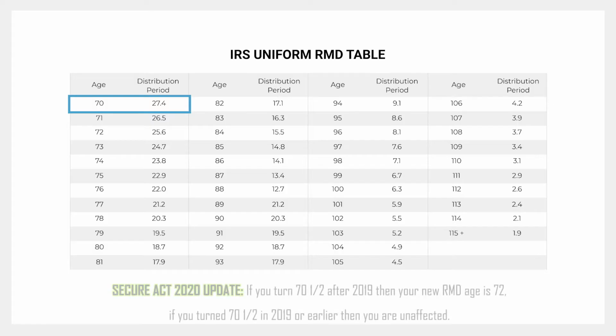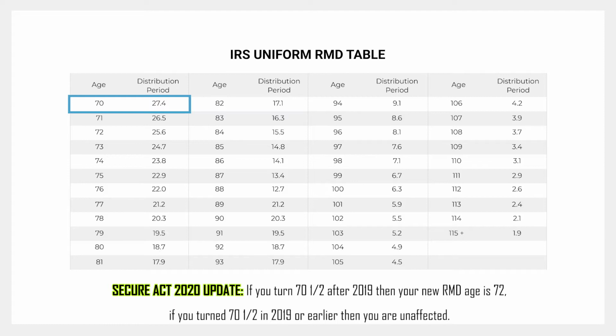Now, coming back to that definition that I just read from the slide, the RMD factor based off of your age. Here you can see the IRS Uniform RMD table. In the left columns, you'll see age, and the right columns, you'll see what's called a distribution period or an RMD factor. The one that I've highlighted here in this slide is the age 70, or for most folks, the first year that you're required to take that distribution out.